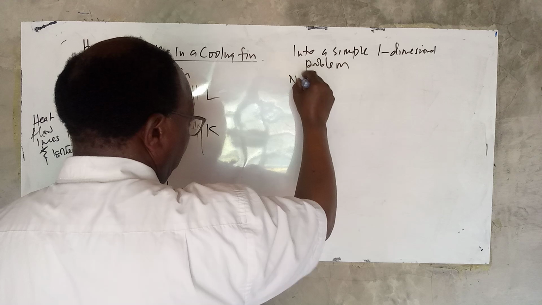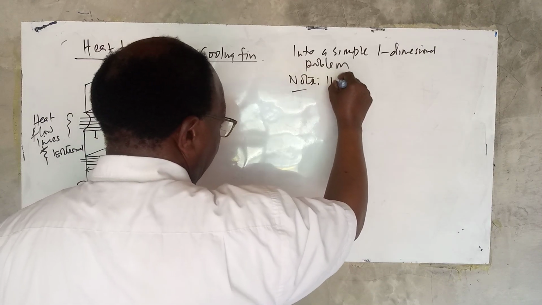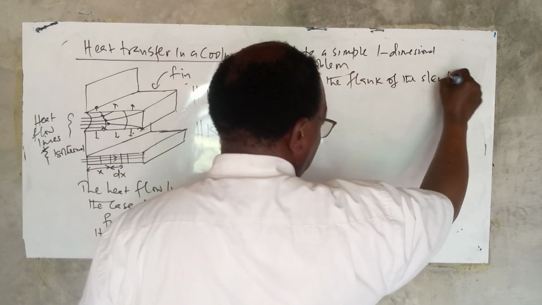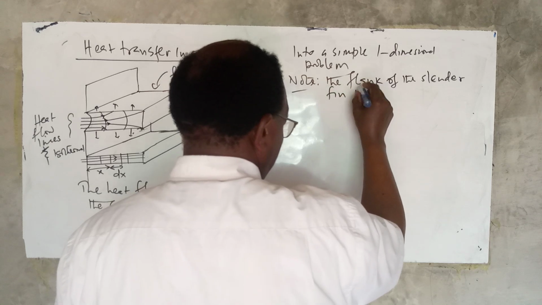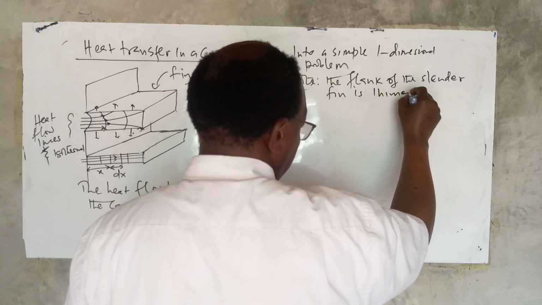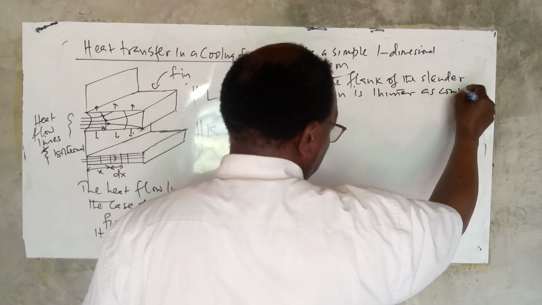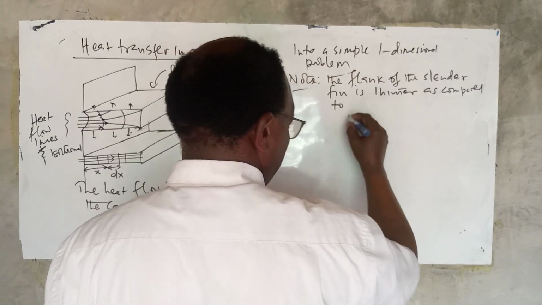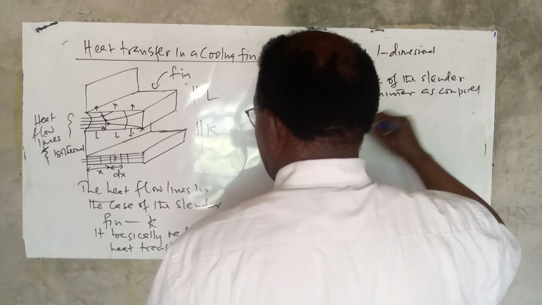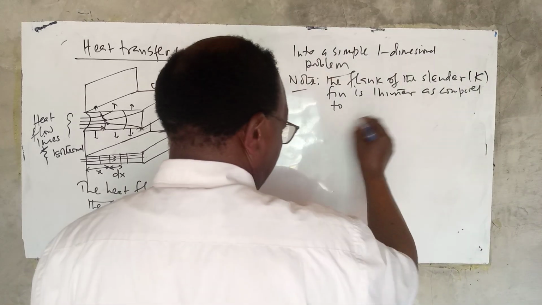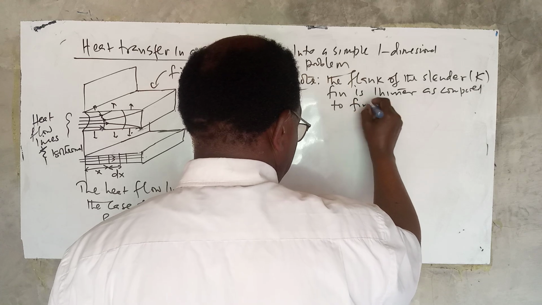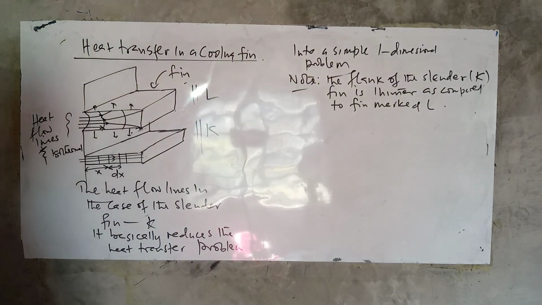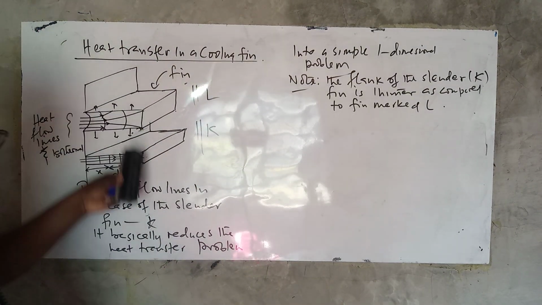So just note the flank of the slender fin, the one we call K, is thinner compared to the fin marked L. Notice that this is thinner than that.